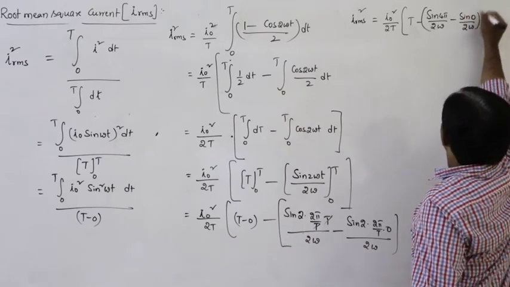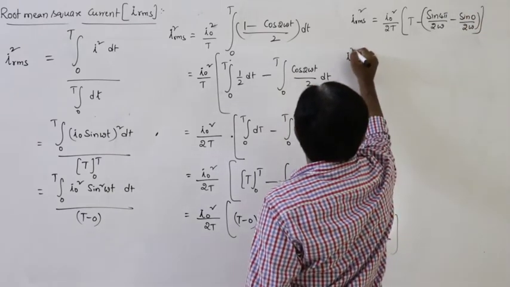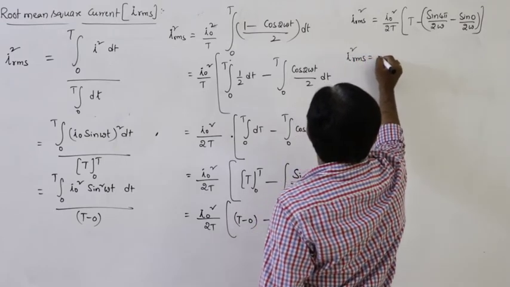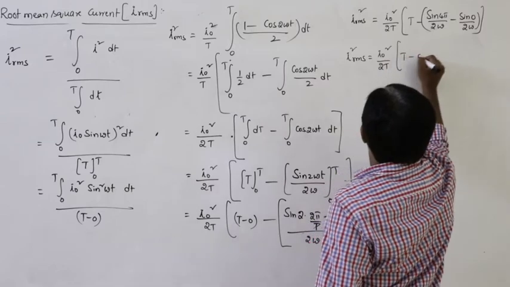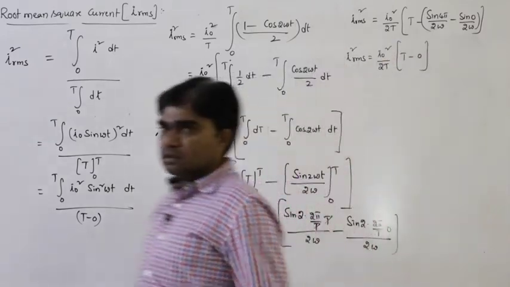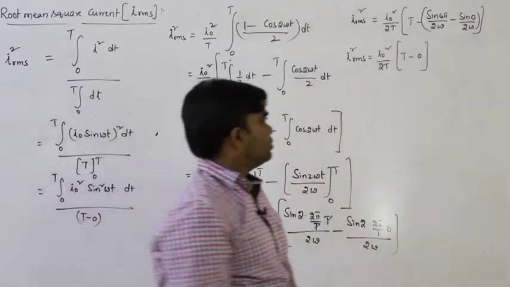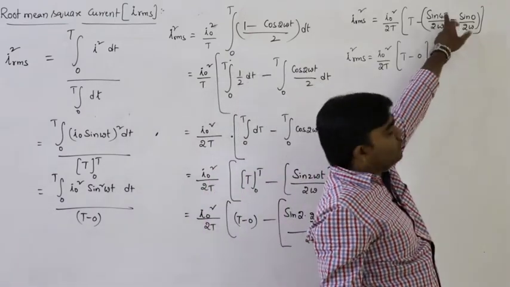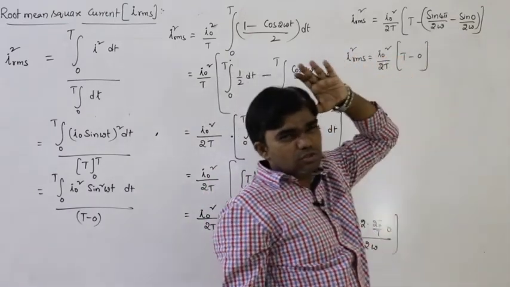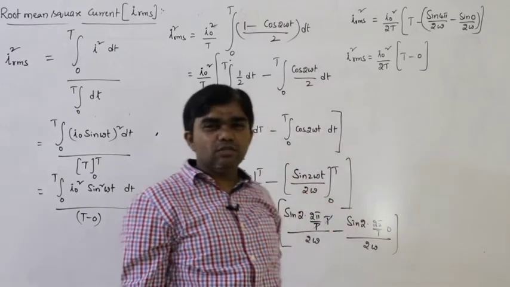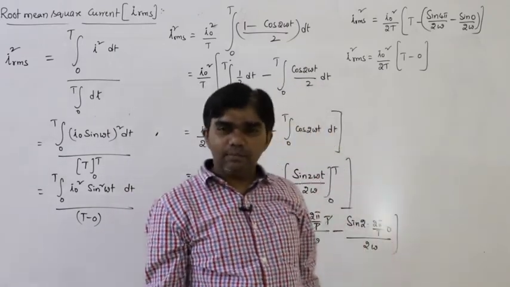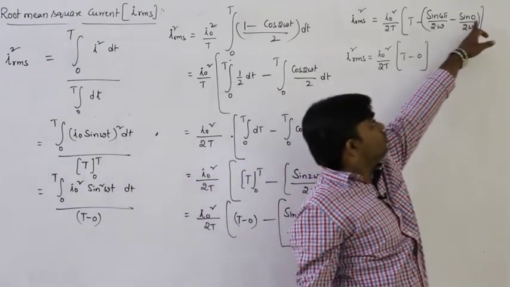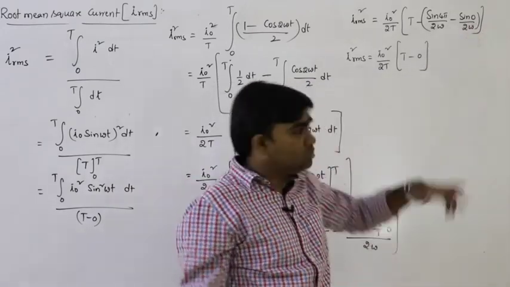So I square RMS is equal to I naught square by 2T into (T minus 0). Why is that T minus 0? Sin 4 pi is 0. Actually sin 0 is 0, sin pi is 0, sin 2 pi is 0, sin 4 pi is 0, sin 5 pi is 0. Every integer multiple of pi gives sin 0. Sin 0 by 2 omega is also 0.